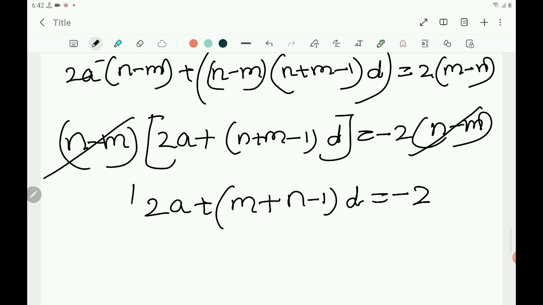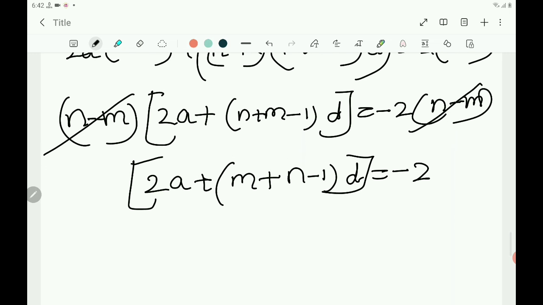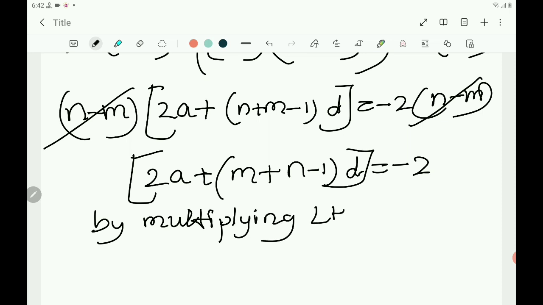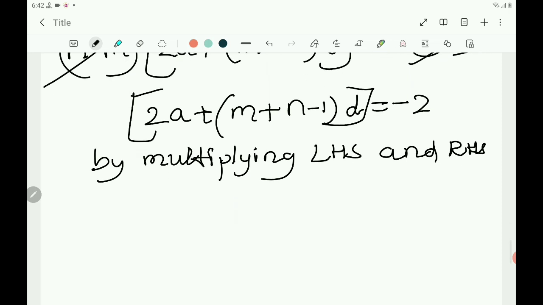Then you multiply both LHS and RHS by m plus n. Why? You need the m plus nth term.